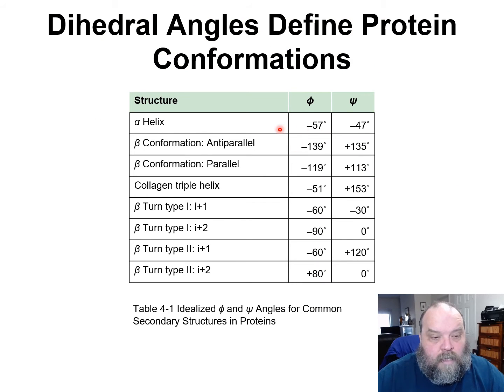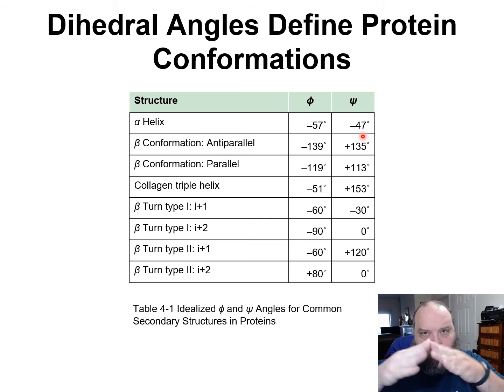When you start looking at these different secondary structures, alpha helix, beta conformation, beta strand, different types of turns, what we see is a commonality among all the alpha helices when it comes to the phi-psi angles. Remember, phi-psi: minus 57, minus 47.